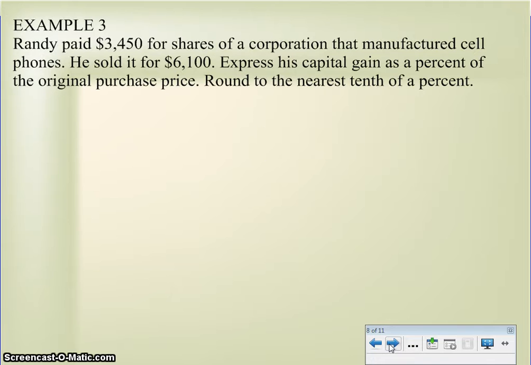Example 3. Randy paid $3,450 for shares in a corporation that manufactured cell phones. He sold it for $6,100. Express his capital gain as a percent of the total original purchase price. So when calculating this, we need to look at first the difference, it's the change divided by the purchase price.